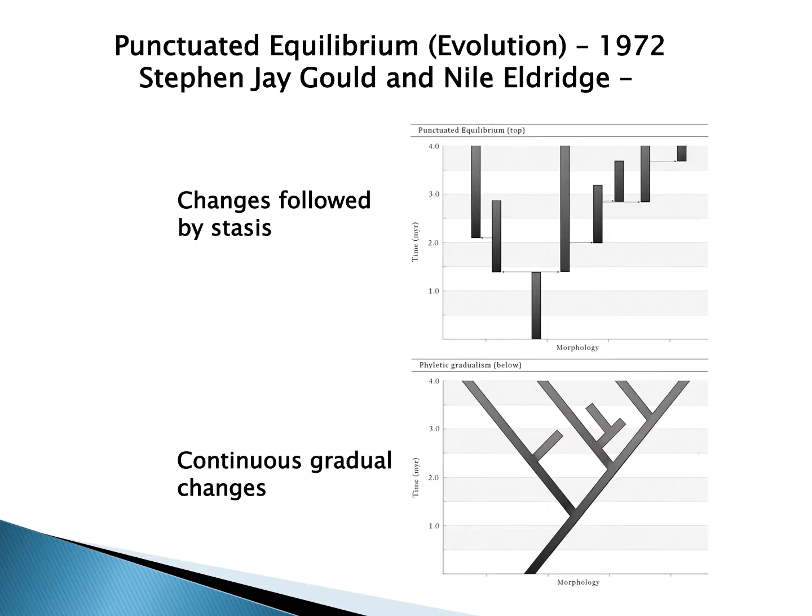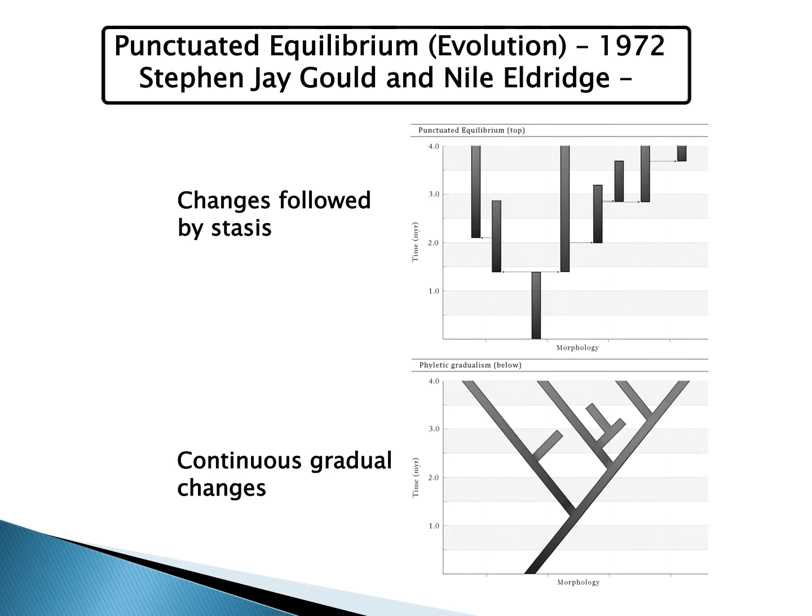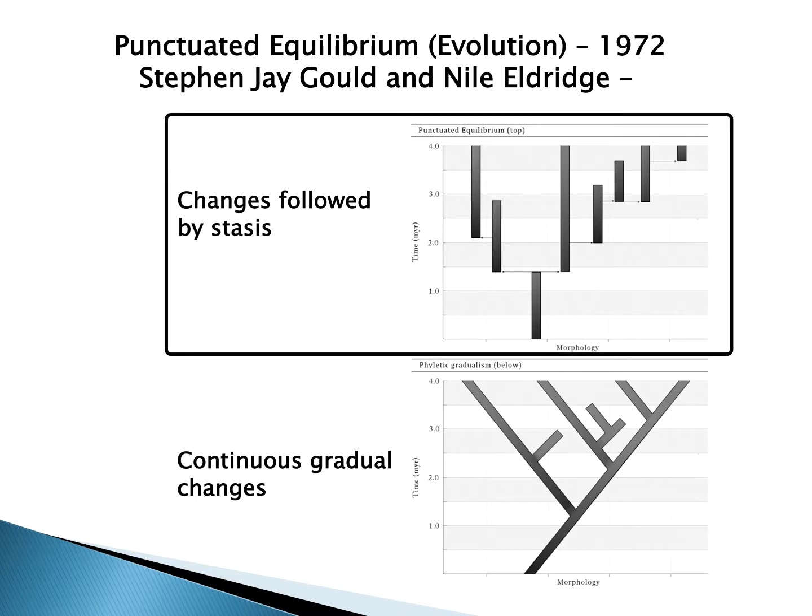In Darwin's time, it was thought that evolution moved in these slow, continuous, gradual changes. And so on the bottom, this tree shows that, where you have gradual changes leading to extinction and speciation up to the present day. What Gould and Eldredge found and proposed was that evolution goes in fits and starts.